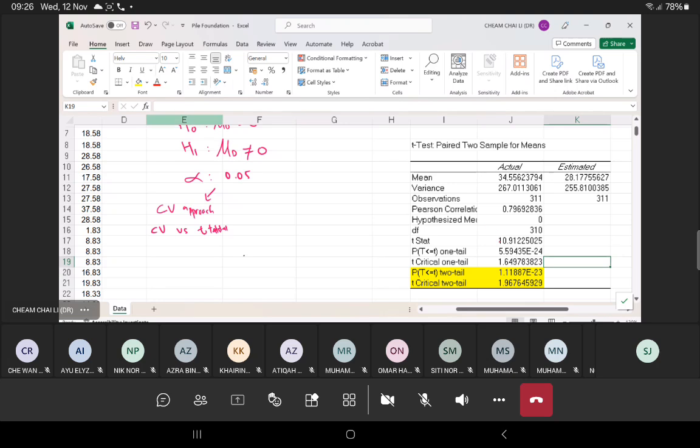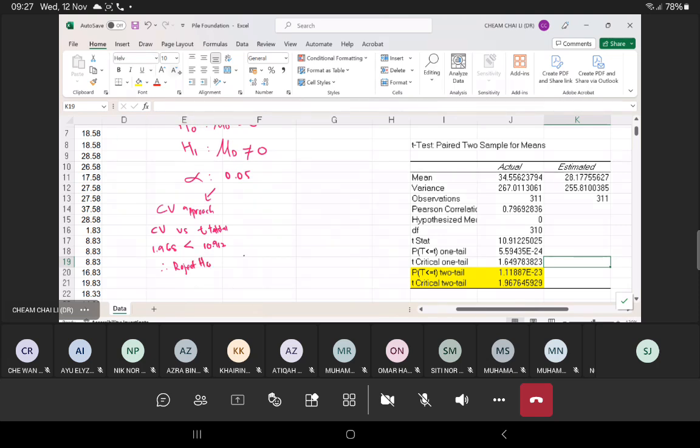Your t-test statistic is 10.912. Your critical value two tail is 1.968. So test statistic is larger. Decision, reject H0, right? You reject H0.